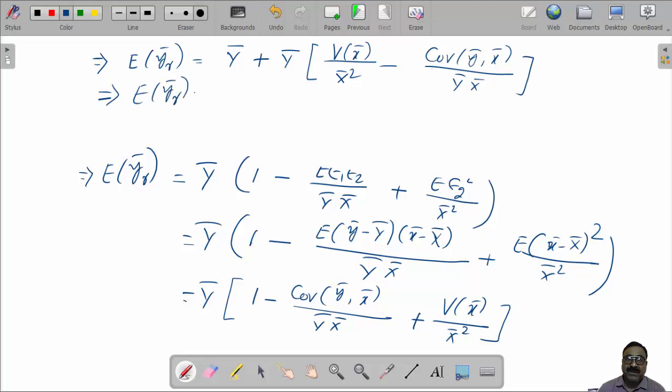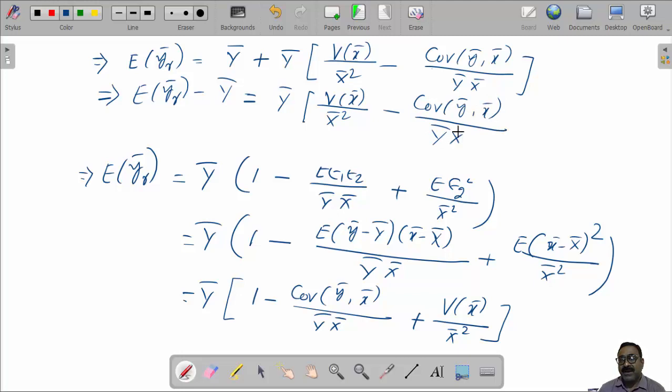So this implies expectation of y r bar minus y bar equal to y bar into variance of x bar by x bar square minus covariance of y bar x bar by y bar x bar.